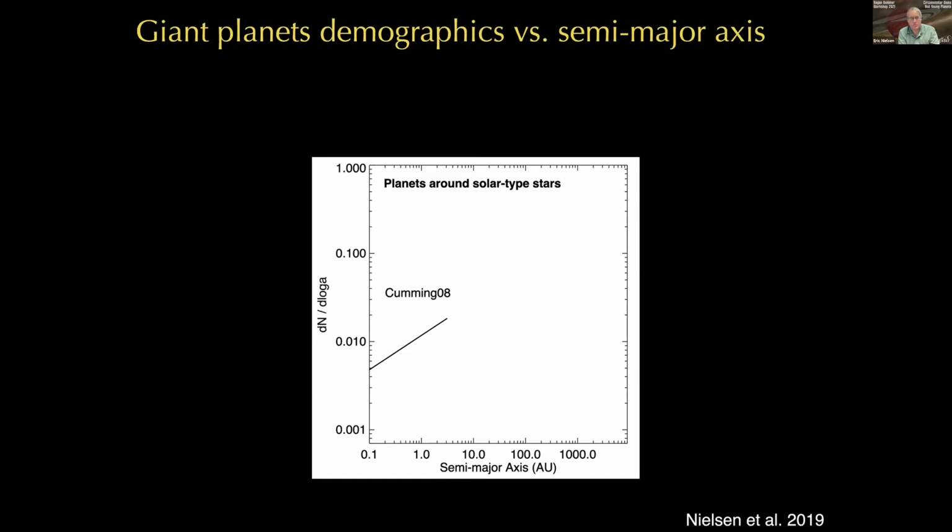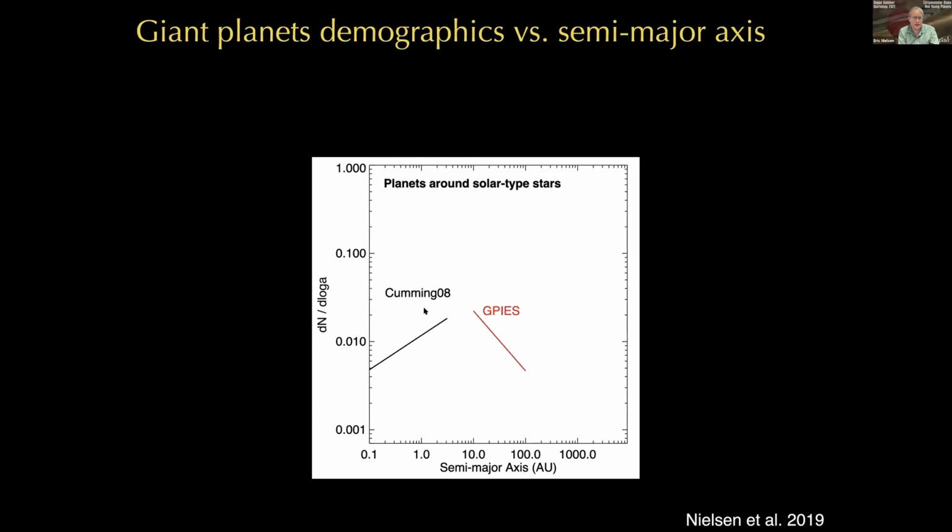Okay, and third point, if you look at the occurrence rate of planets as a function of semi-major axis, we have an answer for the inner part of the solar system from radial velocity work, for example, Andrew Cumming's paper in 2008, and we see this rising occurrence rate as a function of semi-major axis. As you move away from the star, you have a larger number of planets per star. And now with GPIES, we have the answer at the far end, that between about 10 and 100 AU, we see this declining occurrence rate as you move further away from the star.